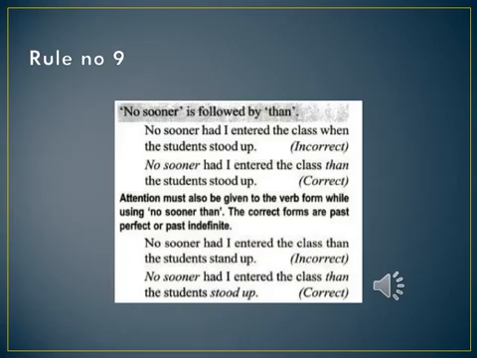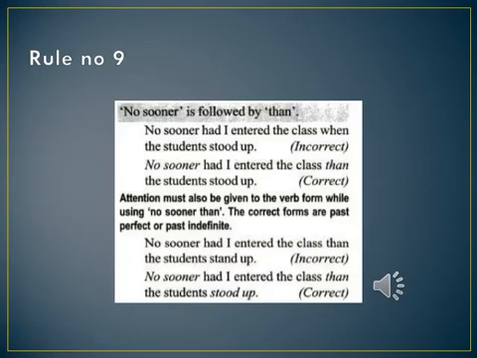No sooner had I entered the class than the students stood up. Attention must also be given to the verb form while using no sooner than. The correct forms are past perfect or past indefinite. No sooner had I entered the class than the students stood up, not stand up. Understood? You have to keep in mind what tense is used there.